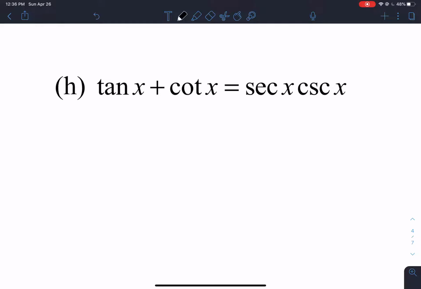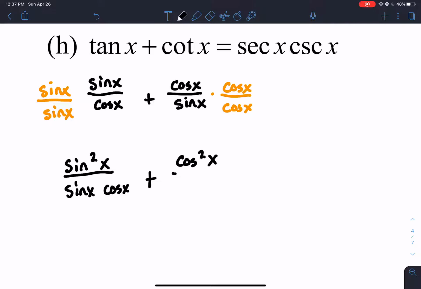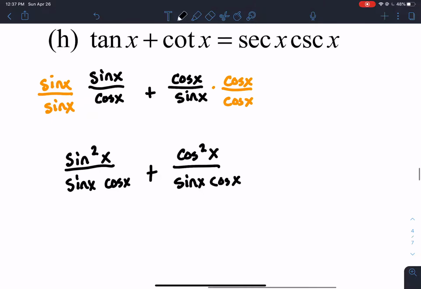So sine over sine with the first one, and then cosine over cosine with the second one, right? So that's going to give me sine squared over sine cosine plus cosine squared over sine cosine. Okay, so sine squared plus cosine squared is 1 over sine cosine.